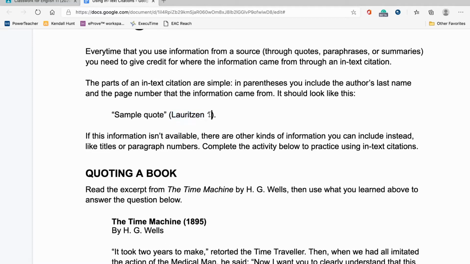And if you don't have a page number, use a paragraph or a line or something like that, so that when they look at the end of your document, which has the works cited source with all of the information, they can tell that's the source that you were citing from. They can go to the source and actually find the page, the paragraph, the line that the information came from. All right, that's the idea.